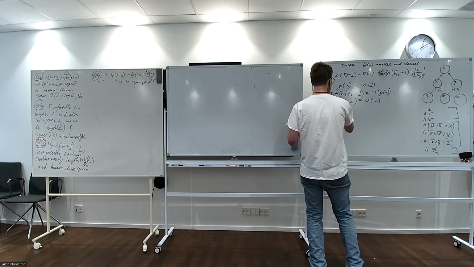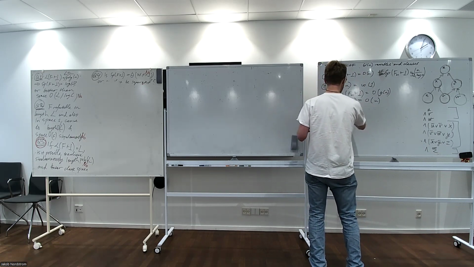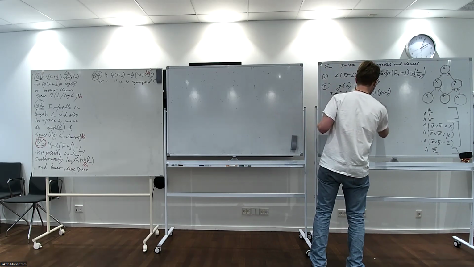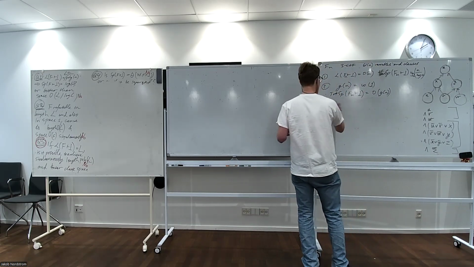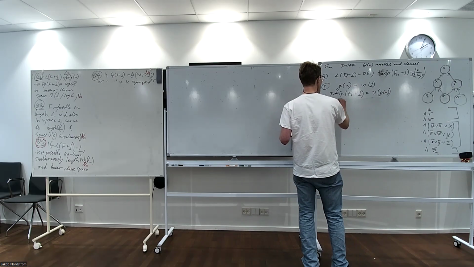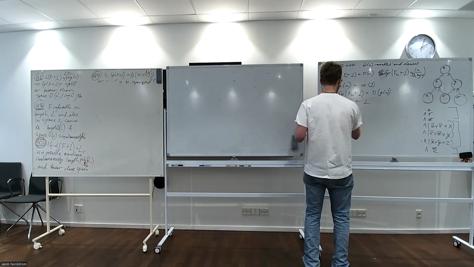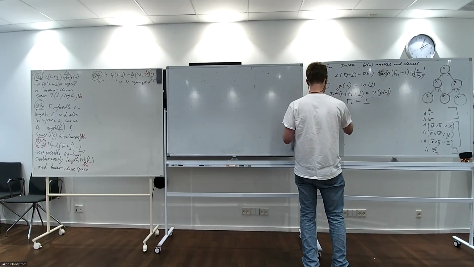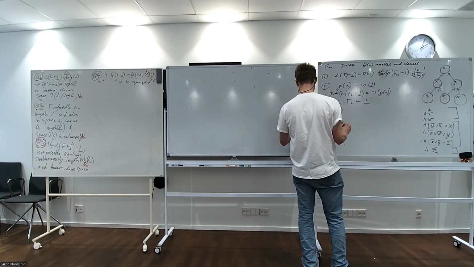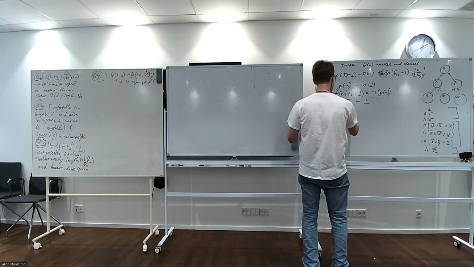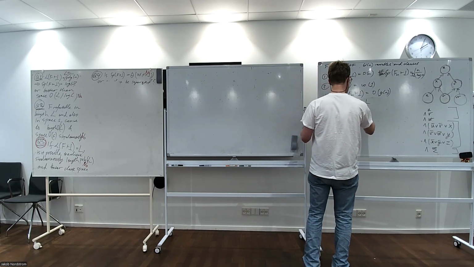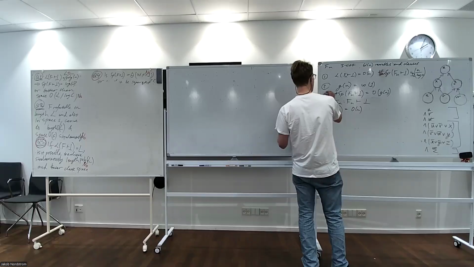In fact, let me write it slightly differently. There are refutations pi n which achieve that the length is linear. So this is like 2a, 2b.